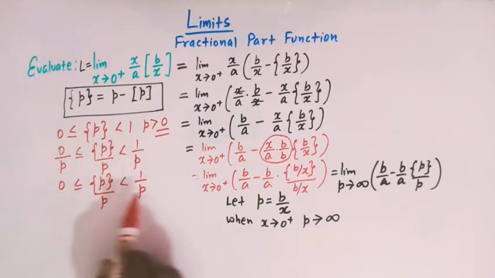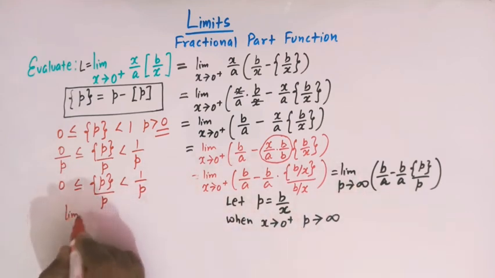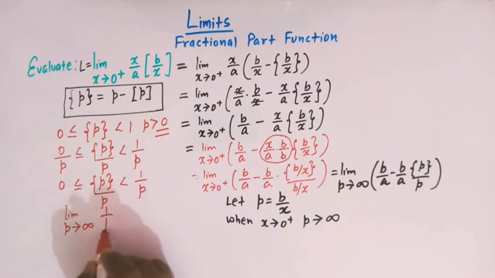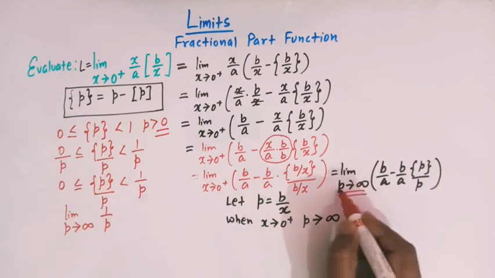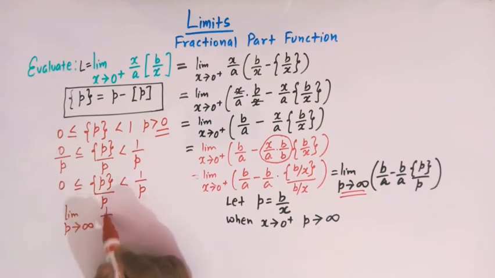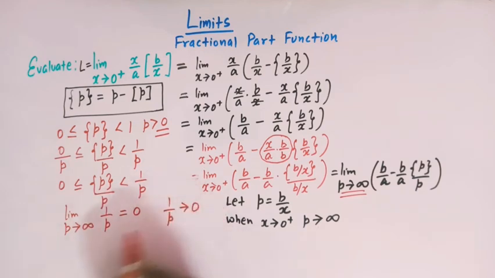So now if we take the limit, that is limit p tends to infinity, then we see that 1 over p, right? That is, when we take the limit p tends to infinity, then the limit p tends to infinity 1 over p is obviously equal to 0, because 1 over p will go to 0 whenever p tends to infinity, right?